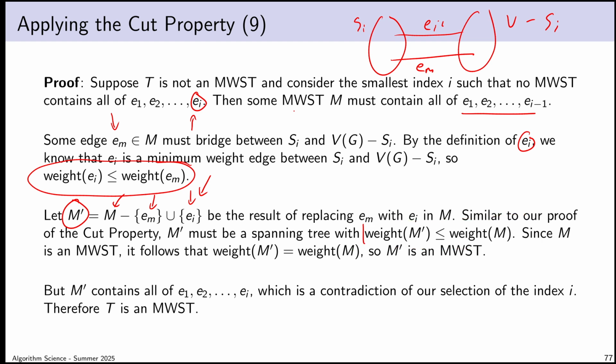Now, since M is a minimum weight spanning tree, there can't be a spanning tree with lower weight. So the only logical option is that the weight of M prime is the same as the weight of M, which means M prime is a minimum weight spanning tree. But M prime does contain EI, and it also contains every other edge up to EI, which means we have a contradiction of our selection of the index I, and therefore T is a minimum weight spanning tree.